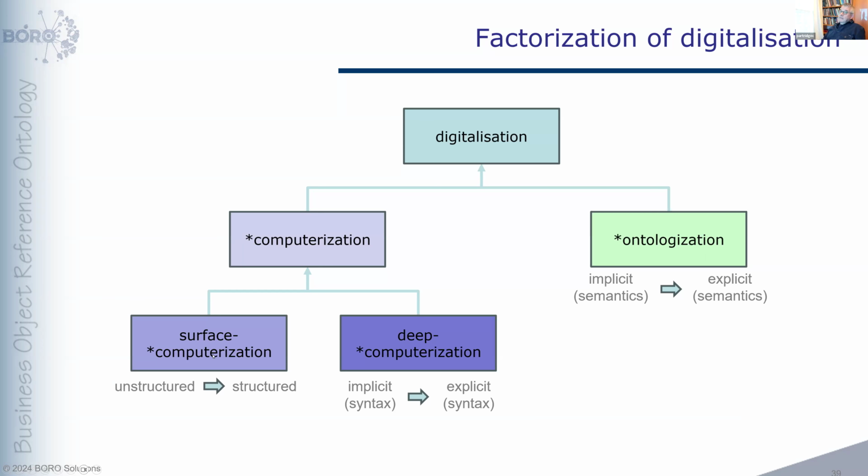And within the computerization process, we made a surface computerization, which is where you ensure that the data is structured, and then something we call deep computerization, where in the context of that computer system, you're trying to make all the implicit syntax clear. This would include things like data cleansing and so forth. So this is, if you like, a proposal for how you might segment it up if you were going to have your ontologization process more computerized.